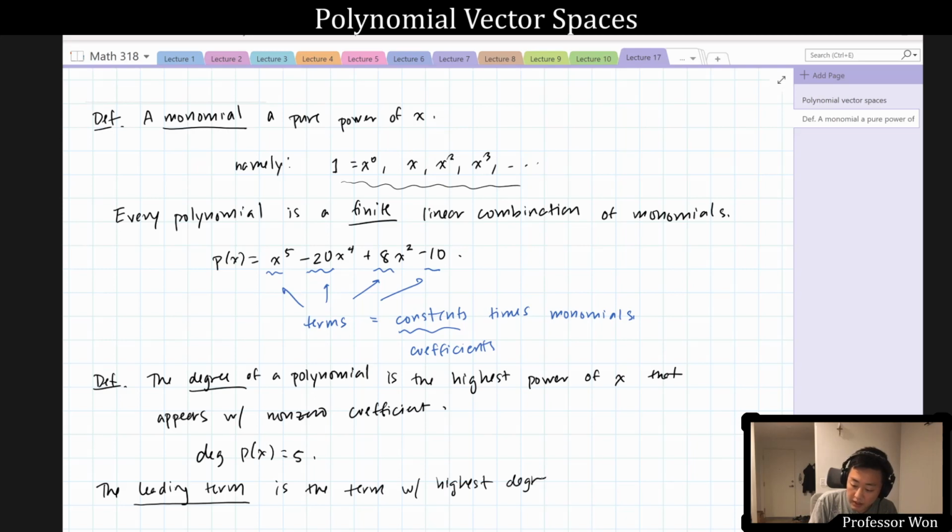So the leading term of p of x is x to the fifth in our running example, and the leading coefficient is the coefficient on the leading term. So in our example, that's 1.